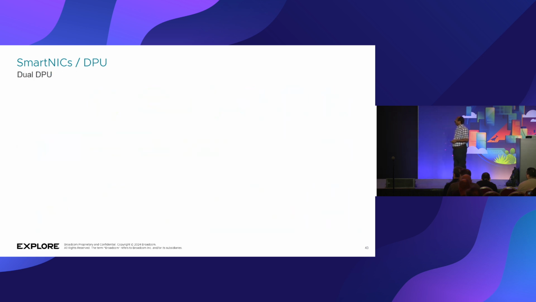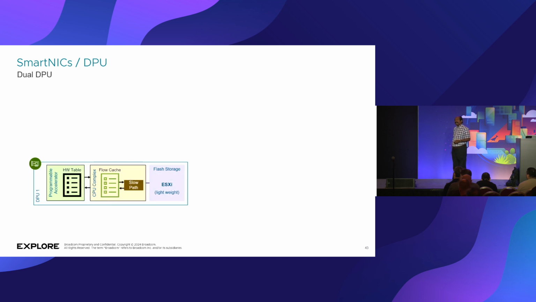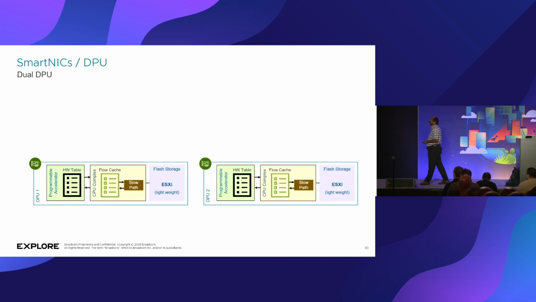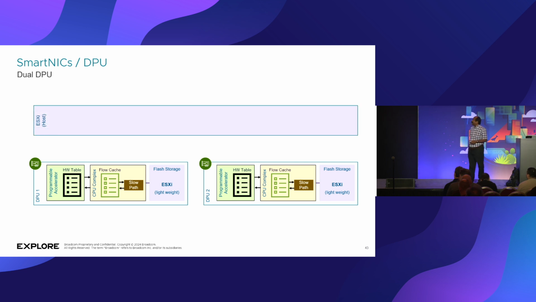What we've done with NSX 4.2 and 5.2 is that now we have support for two DPUs. And again, the lifecycle management for both the DPUs is common, the same thing. Single lifecycle management, because there are two distinct ESX nodes here, one per DPU.